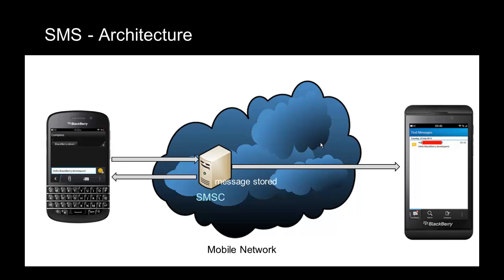So when you submit a message that you're looking to send to another device, another person, the first thing that happens is that it will be stored safely on the SMSC, because at this point it's quite possible that the recipient, the destination device, is not even switched on. We don't know that yet.